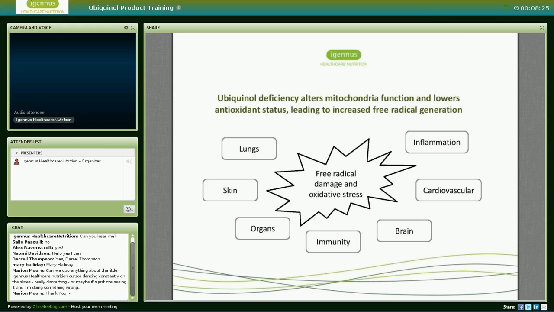And again, as you probably know, increased oxidative stress has an impact on many conditions: cardiovascular disease, for example, the brain, such as Parkinson's disease and Alzheimer's disease. If we look at the immune system, again, autoimmune diseases, chronic inflammation, various aspects of dysregulation within the body.